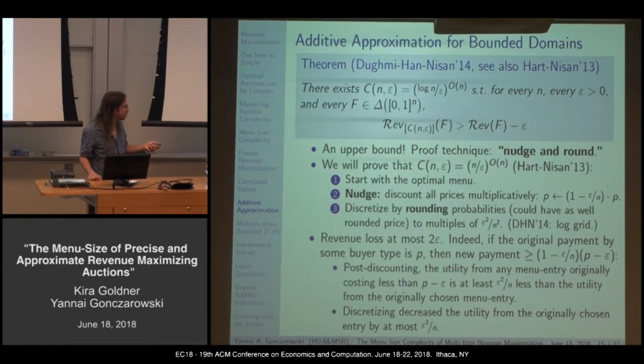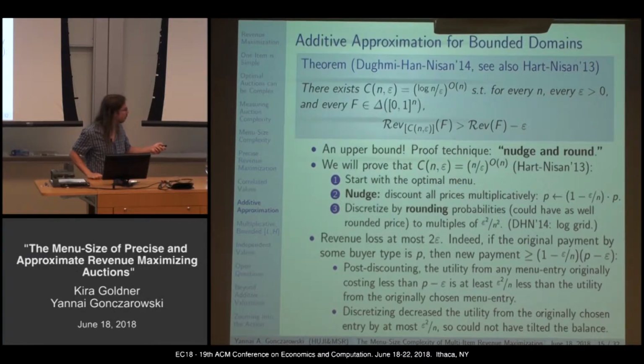So we nudge the buyer to strictly prefer his original choice over anything that costs much less, by epsilon squared over n. Then we rounded, so he was nudged back by epsilon squared over n, but in total this could not have tilted the balance. He still prefers his original entry over anything that originally costs less than p minus epsilon.